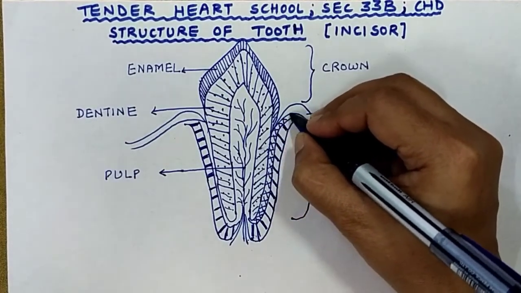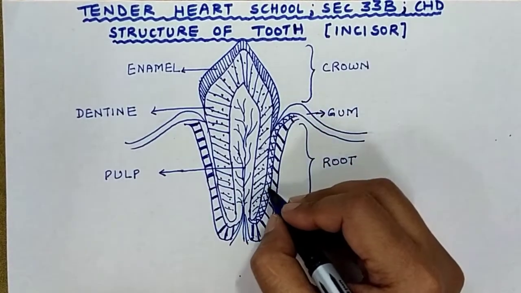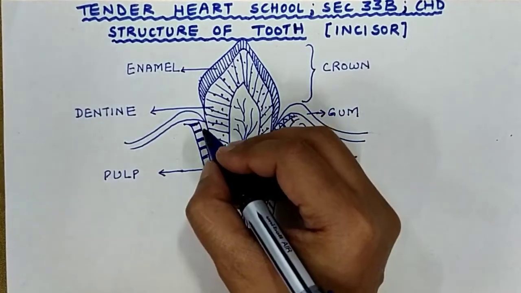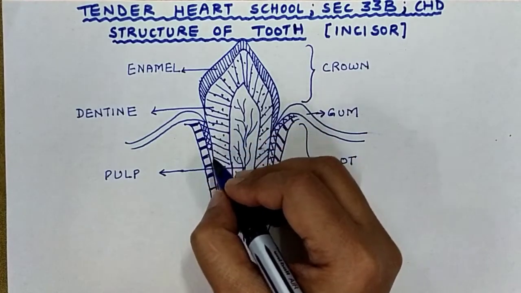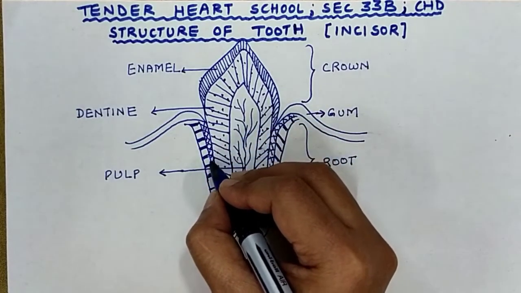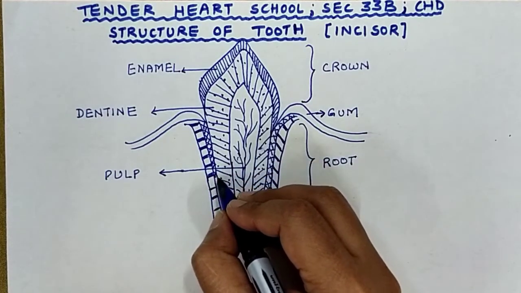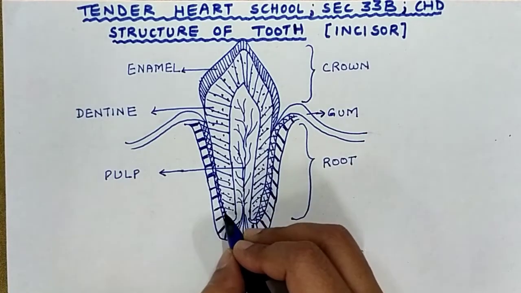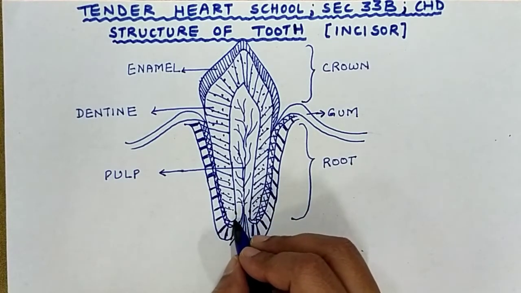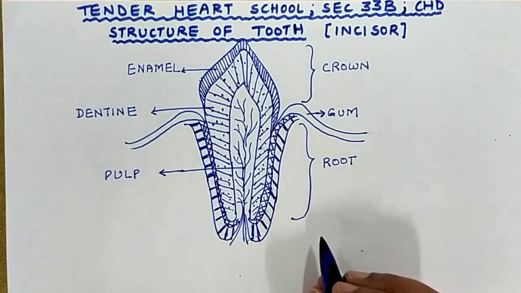Cement is the structure which is holding the tooth in position. The tooth is not moving, right? It is fixed in its position because of the presence of this structure which is called the cement.